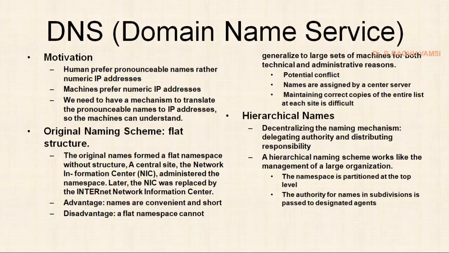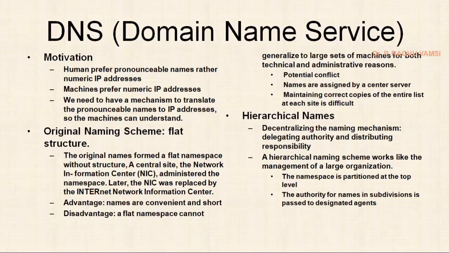So that means human readable forms or human pronounceable names can be easily remembered by human beings more than the numbers. But the computers in the world will be recognized only with the help of IP address, even though they have a computer name or something. Mainly the communication will happen only with the help of IP addresses.